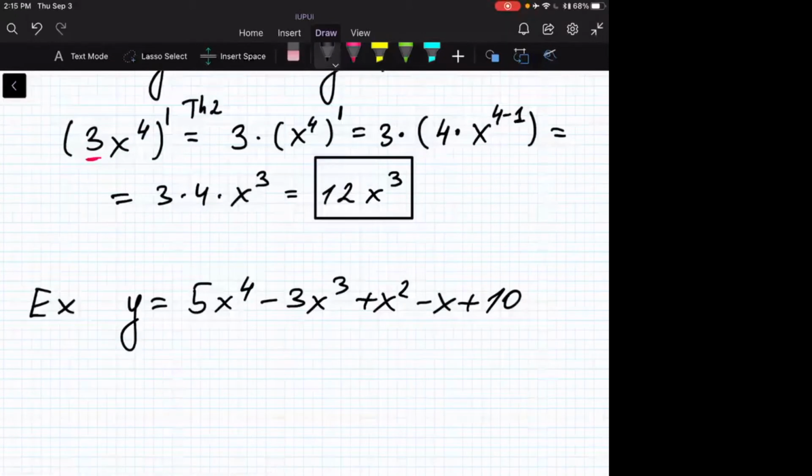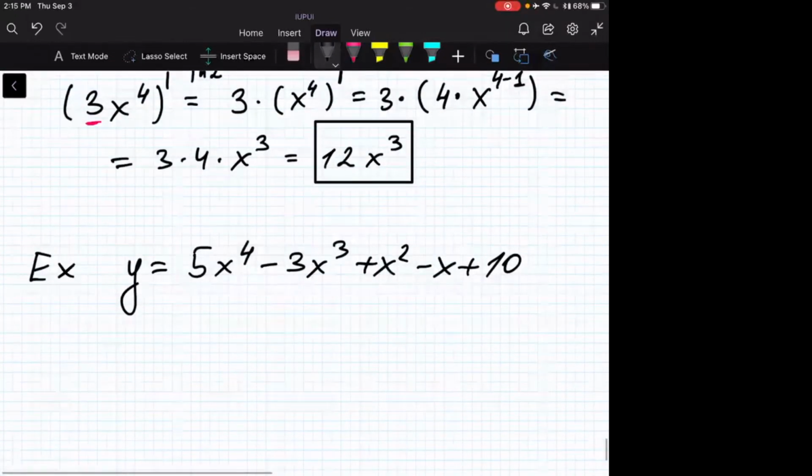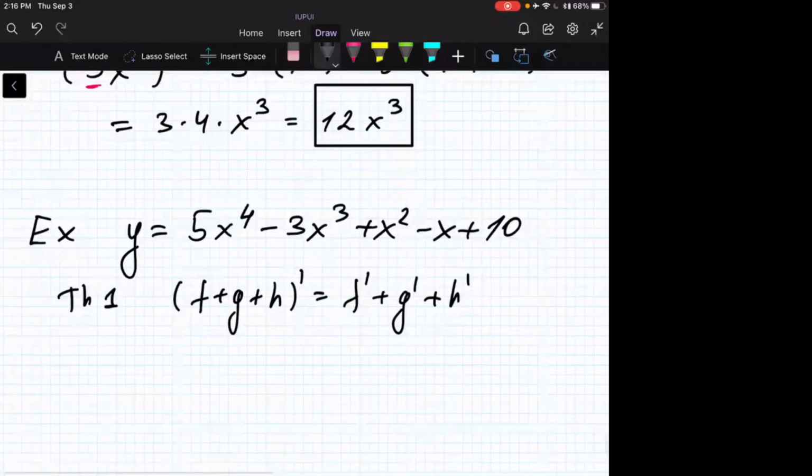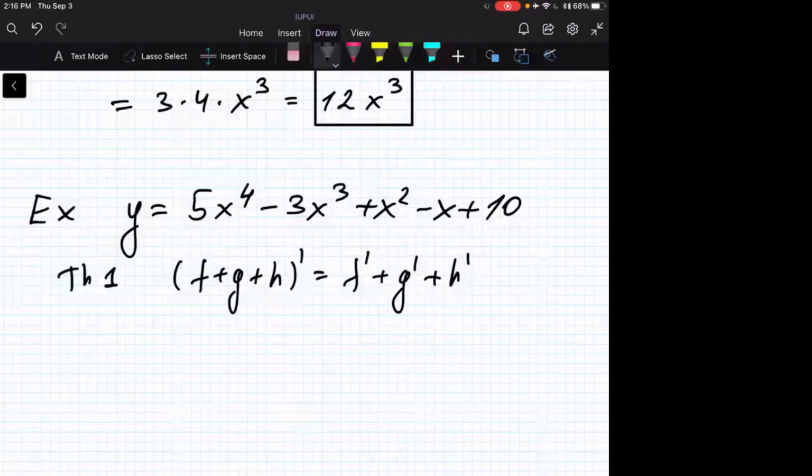So it's a long expression, but again, what we can do first, because it's a sum, using theorem 1, and repeating it several times: if you have a sum of 3 functions, the derivative of that is the sum of the derivatives of these 3 functions. And it's true for any number of functions. And how to prove it?